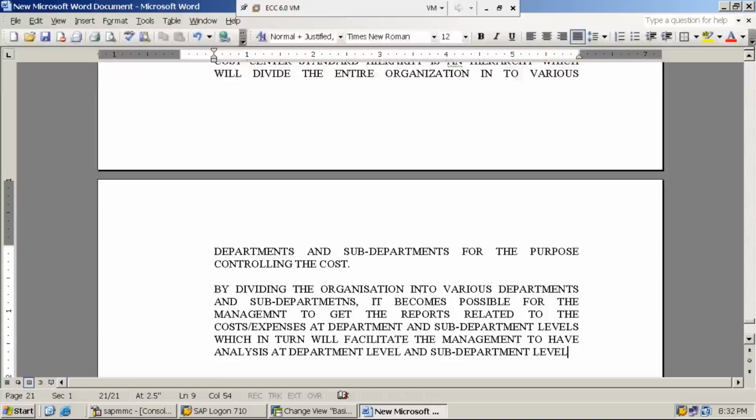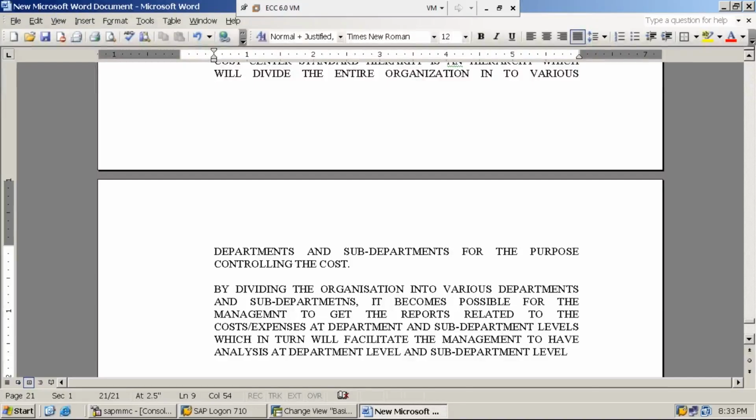Different terminology, but all are the same. The purpose of setting up standard hierarchy is to have effective control over the various levels of the organization. Hope I'm clear with my explanation.